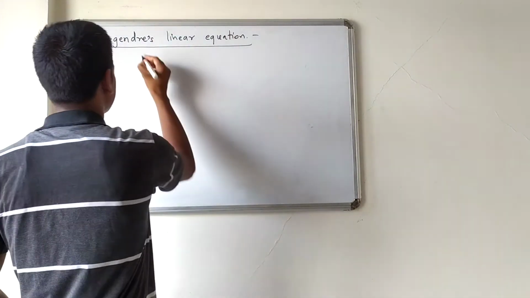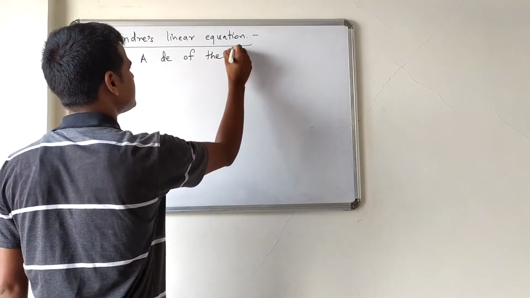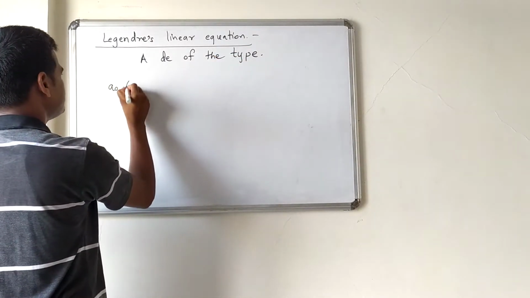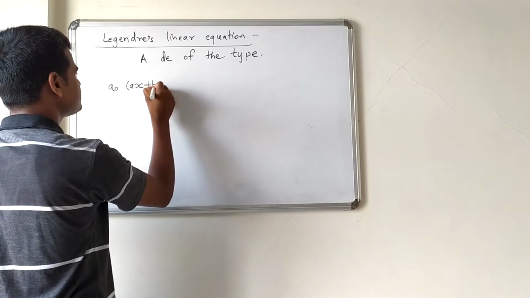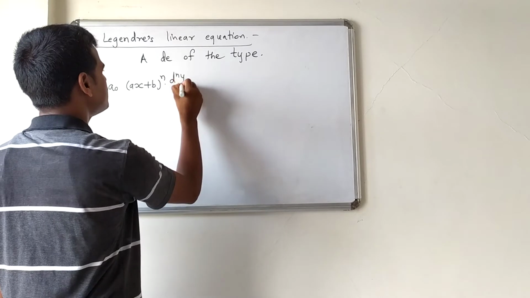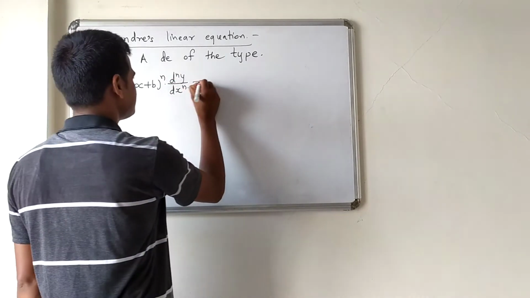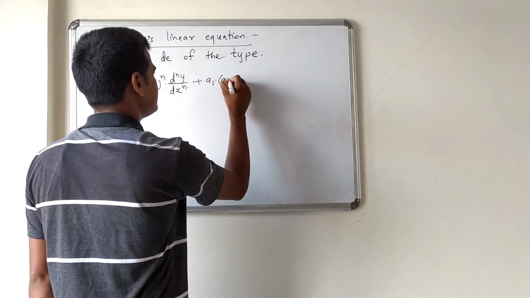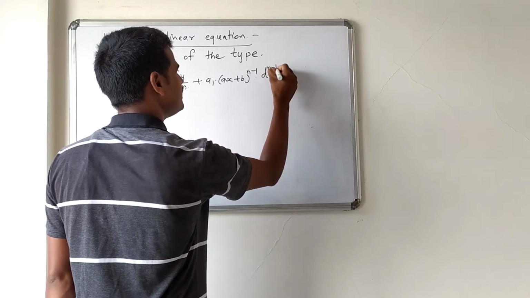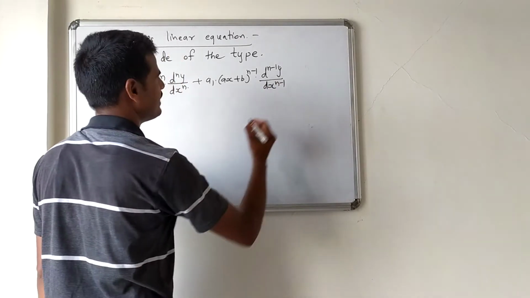A differential equation of the type a naught into (ax plus b) raised to power n into d raised to n y upon dx raised to n, plus a1 into (ax plus b) raised to power n minus 1 into d raised to n minus 1 y upon dx raised to power n minus 1.